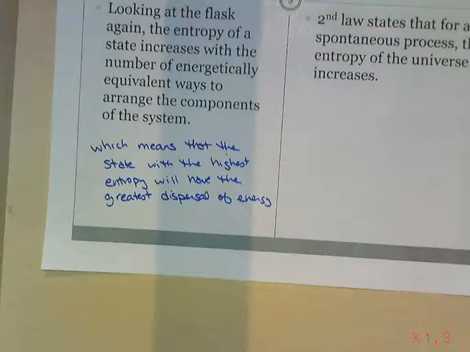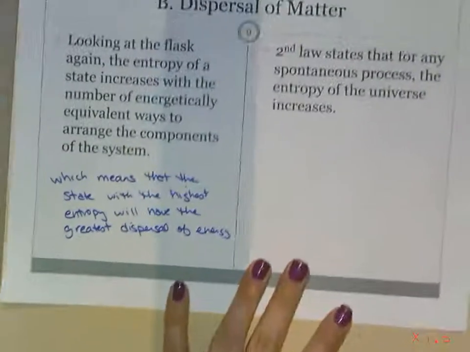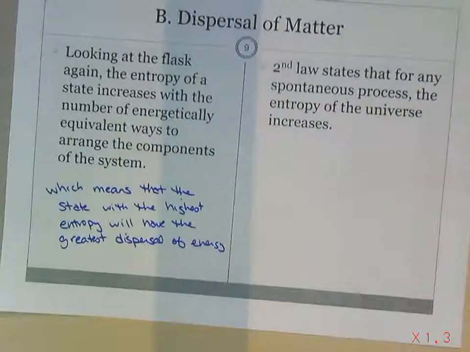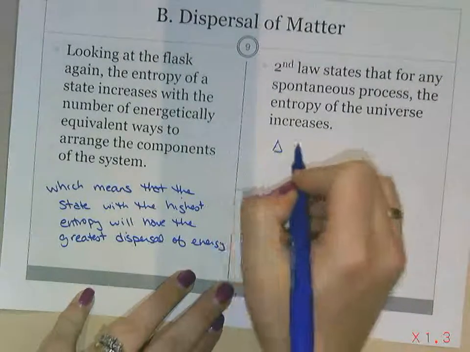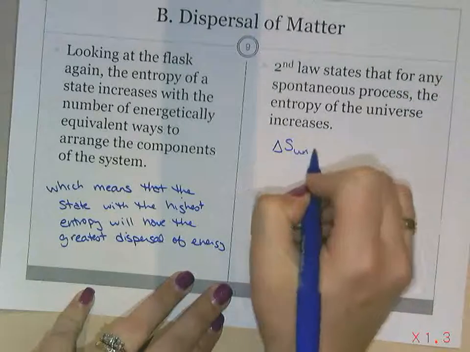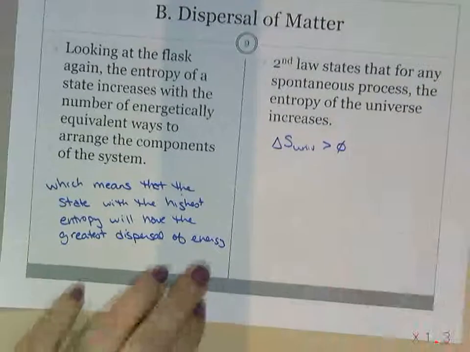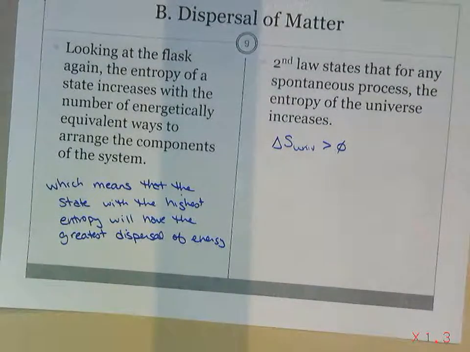So the second law states that for any spontaneous process, the entropy of the universe increases. So delta S of the universe has to be greater than 0 if the process is spontaneous.